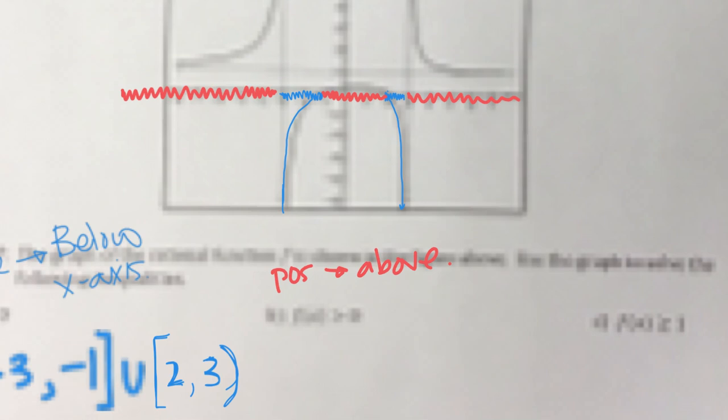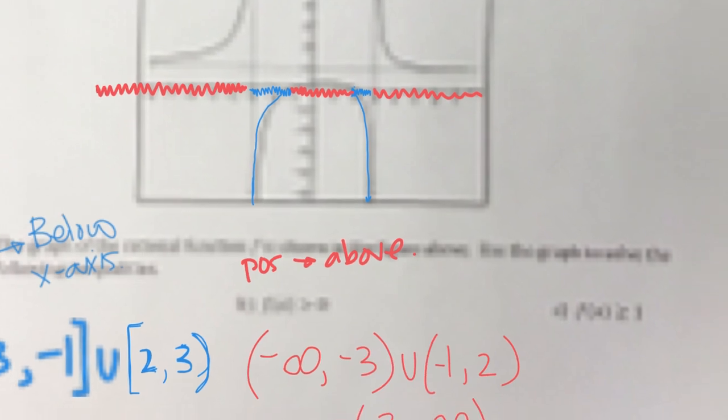Okay, so this one has 3 intervals where we are above the x-axis, always with parentheses because it's not equal to. -1 to 2 above the x-axis, and then finally from 3 to infinity. So anytime we're not equal to, we have to use parentheses. Okay, or equal to means brackets.